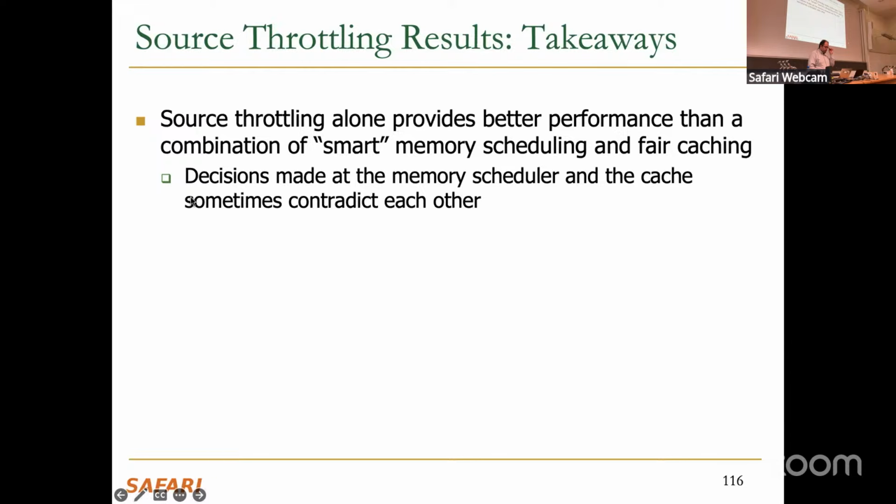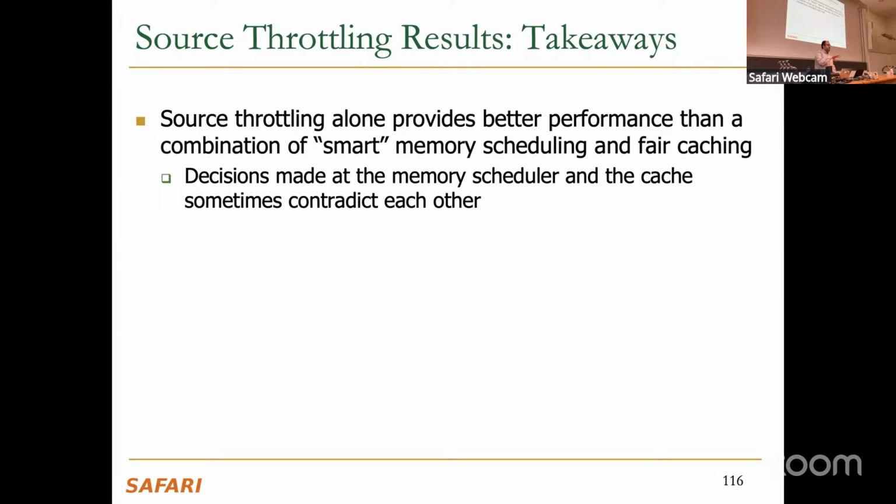Okay, so source throttling alone provides better performance than a combination of smart memory scheduling and fair caching in this work. Decisions made at the memory scheduler and the cache sometimes contradict each other. So when you want to have smart memory components, it's very hard to synergize them. You might have a smart network, a smart cache management, and a smart memory controller.